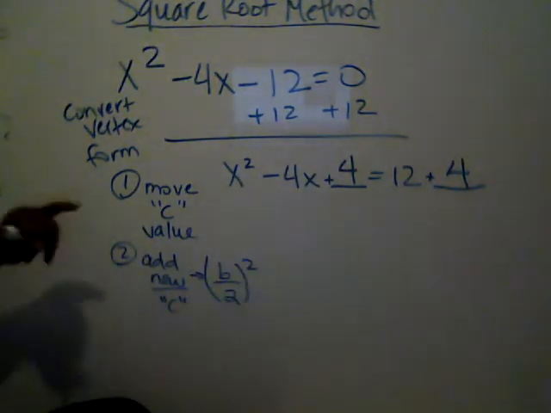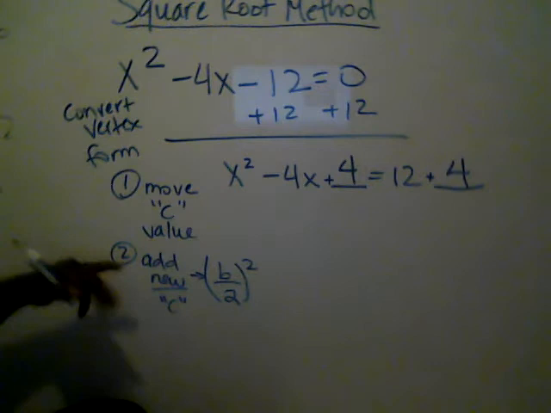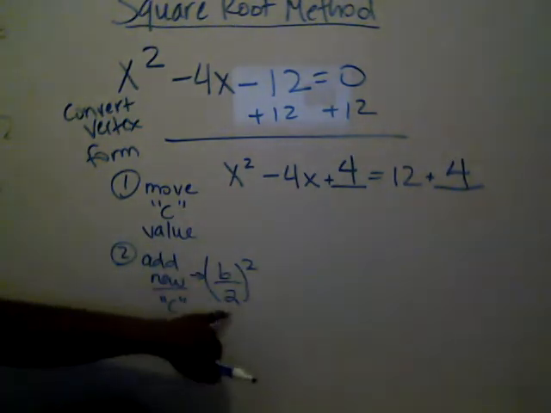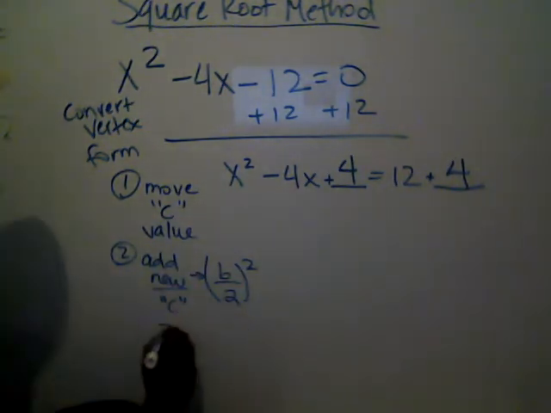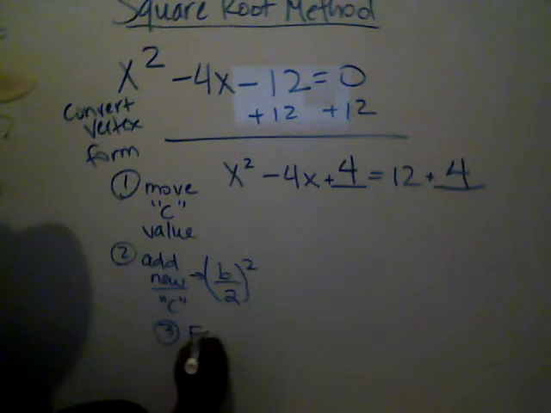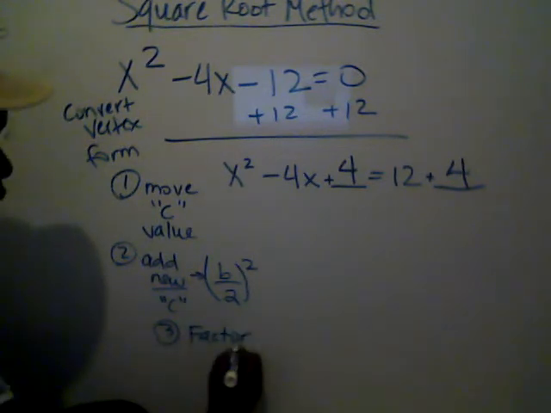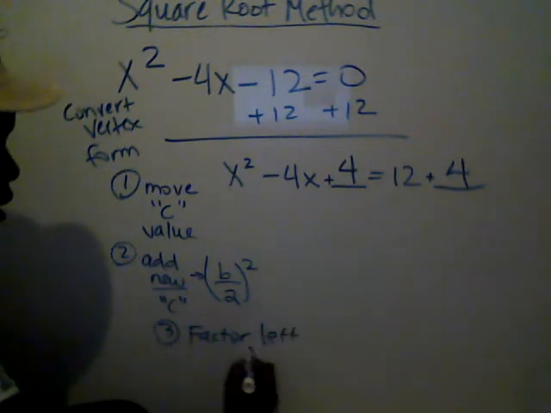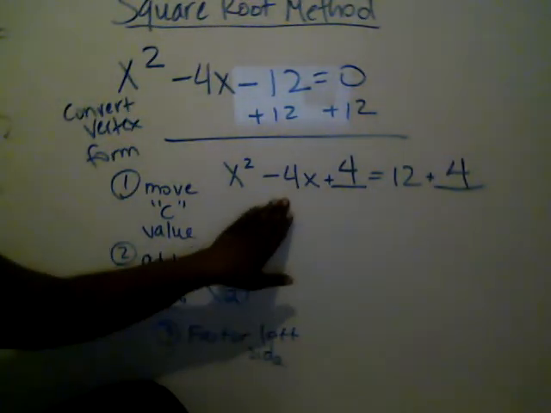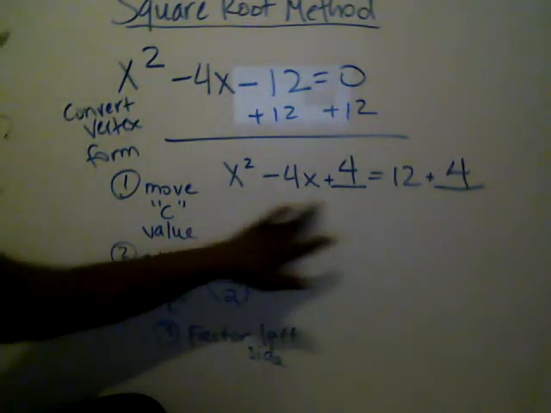So now that we've moved the c value, moved that 12 over, and found our new c value using this equation, the next thing we want to do is factor the left side. It may not always be the left side, but we're always factoring the side that's in standard form.